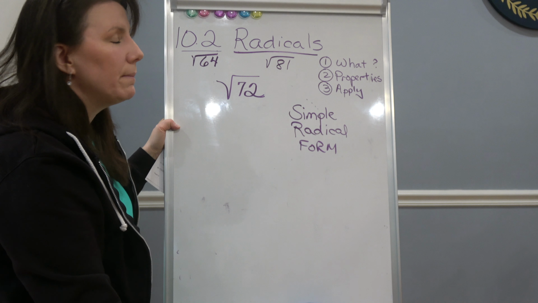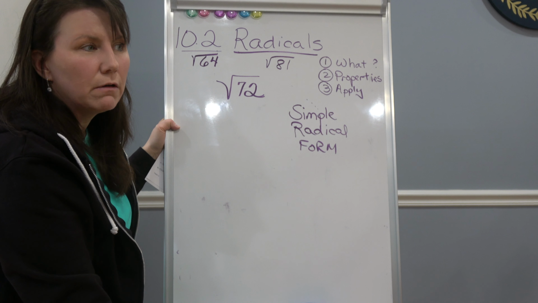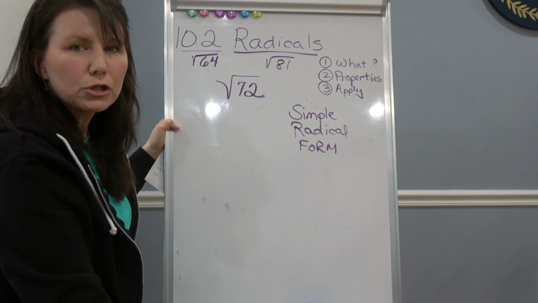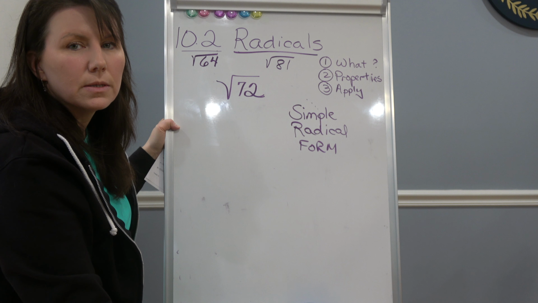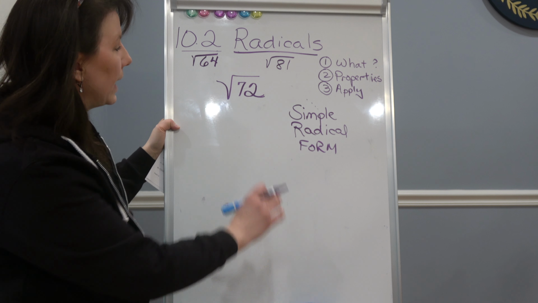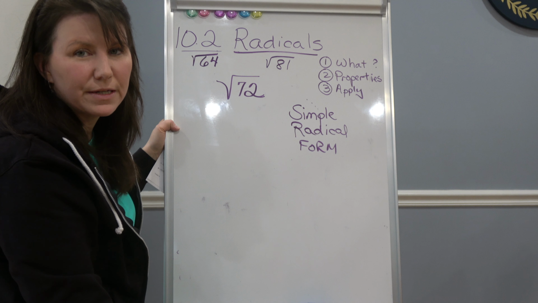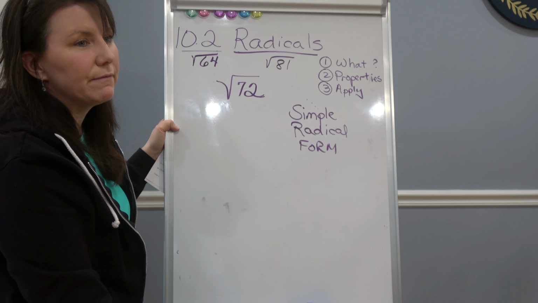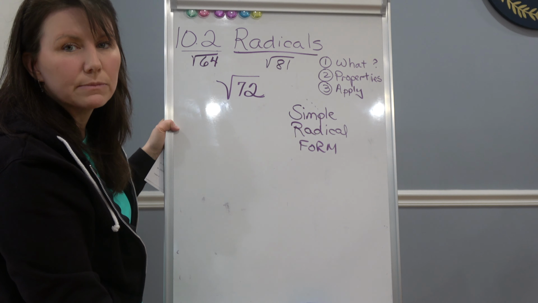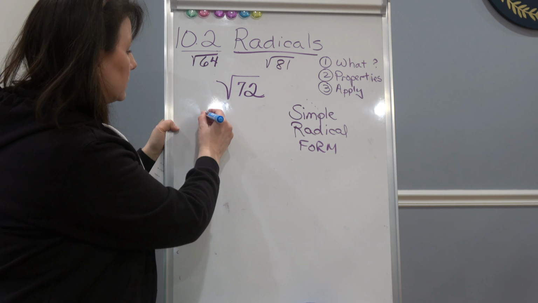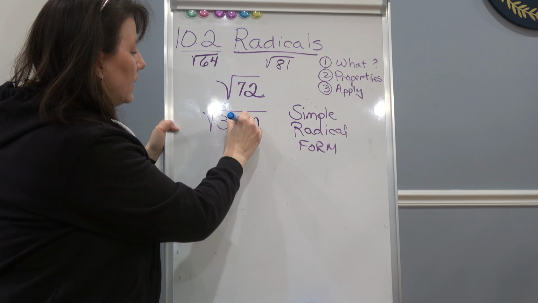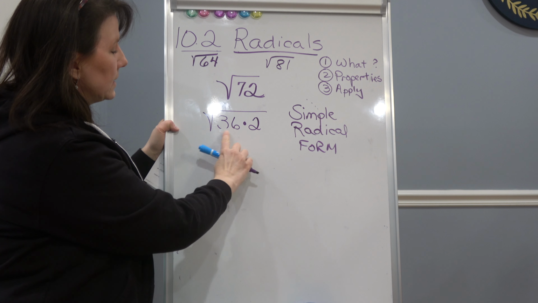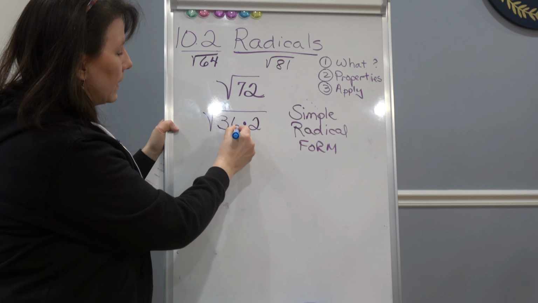So one method is to figure out the largest perfect square that divides evenly into the number. I know, just because I made this one up off the top of my head, that 72 is 36 times 2. Now 36 is a perfect square, okay?